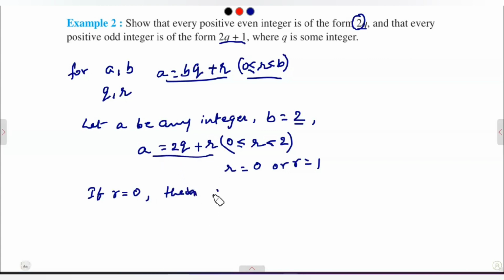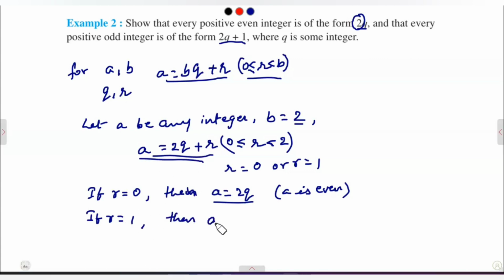A is equal to 2q only you will get, because 2q plus 0 gives a is equal to 2q. If a is equal to 2q, that means a is even, because if you multiply any integer with 2, you will definitely get an even number. Now the next case, if r is equal to 1, what happens? Then a is equal to 2q plus 1.